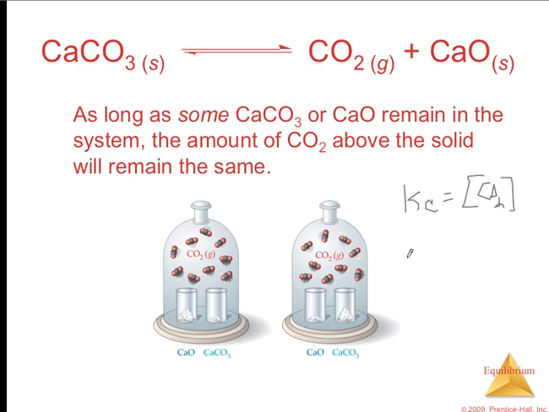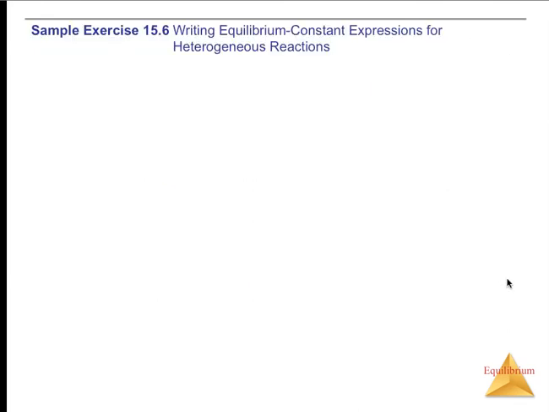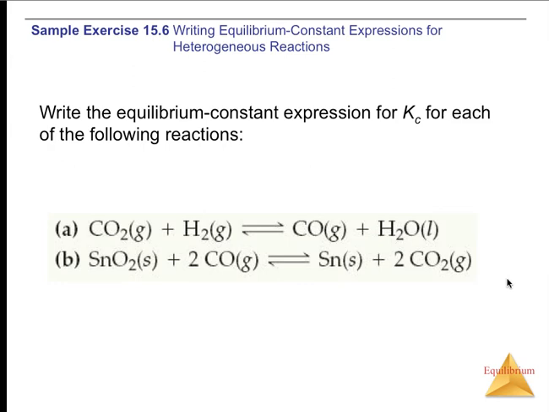Now, in the special case where I have gases, I can use something called a Kp, and this is where I can write the equilibrium constant using partial pressures of the gases that are involved in that reaction. So in this case, the Kp would just be the partial pressure of CO2. Okay, so pause this and see if you can write these two.